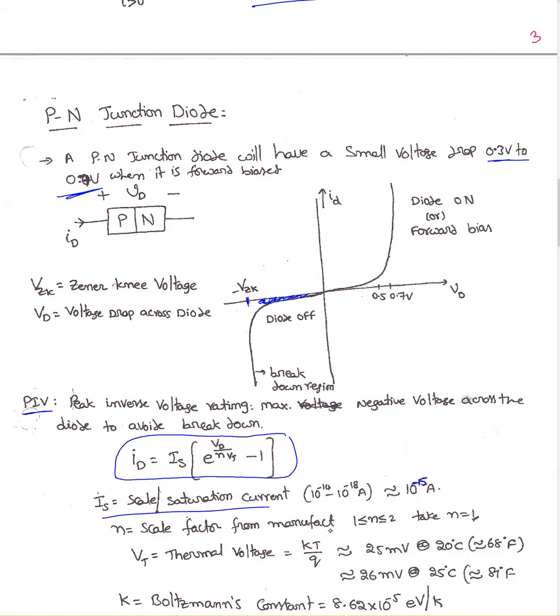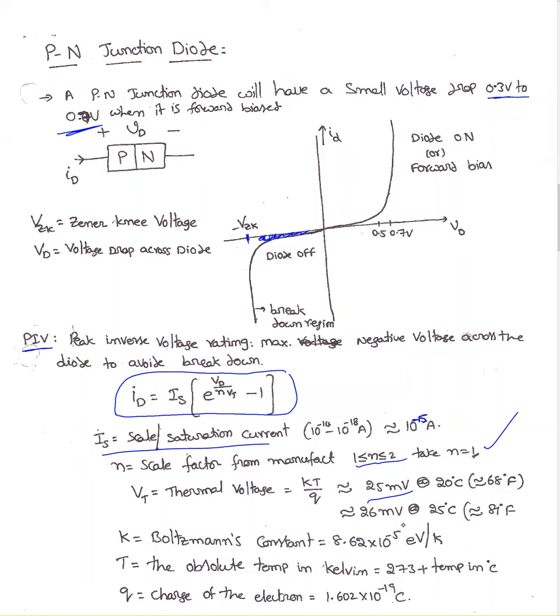VT is the thermal voltage, which depends on the temperature. When it comes to semiconductors, as the temperature changes, the number of free electrons available in that material changes. So that's what we're calculating here. That value is around 25 millivolts at 20 degrees centigrade, and at room temperature it is 26 millivolts at 25 degrees centigrade.